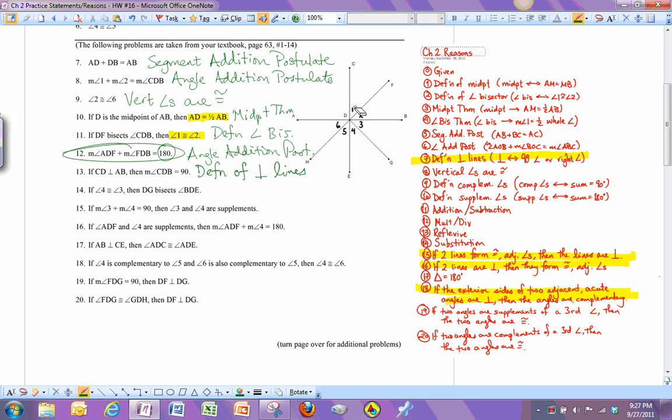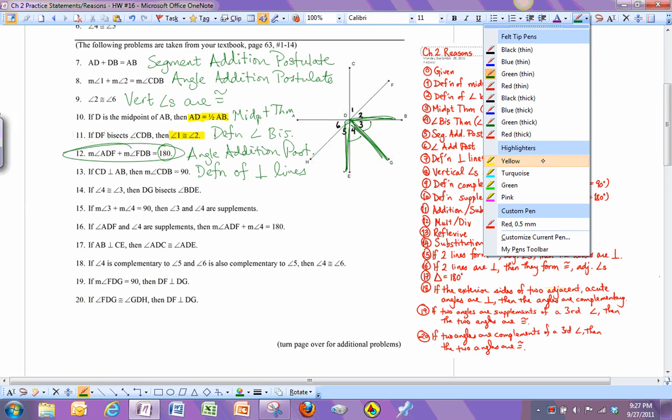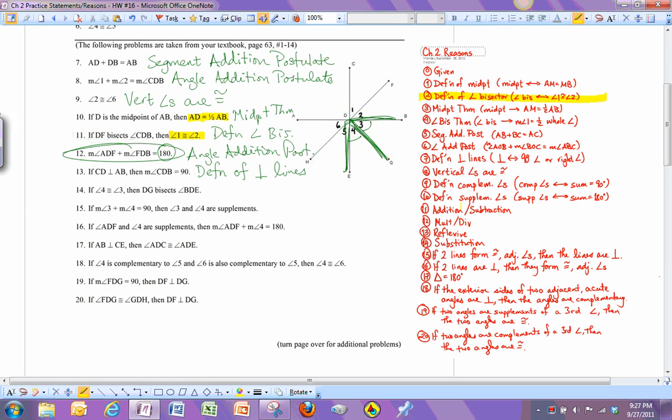Okay, 14 says if angle 4 and angle 3 are congruent, then this guy bisects this angle here. So 4 and 3 are congruent, and then we get an angle bisector, so let's look at the ones that deal with angle bisectors. That's going to be definition and angle bisector theorem. Well, the bisector theorem says you have to start with a bisector and you get one angle's half of the whole angle.